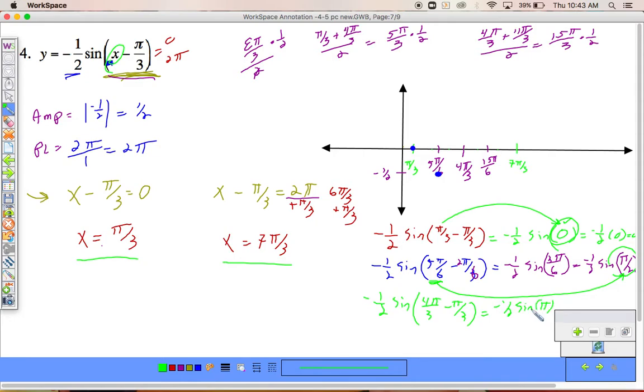That's going to be pi. My next one is going to be 3 pi over 2. It's going to work. If you don't see it, do the math. So my next value here, when I plug in 4 pi over 3, the sine of pi is on the left. Sine's my y value, the y value on the left is 0, times negative 1/2, gives me my 0.